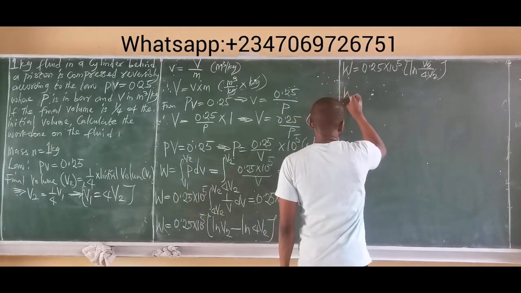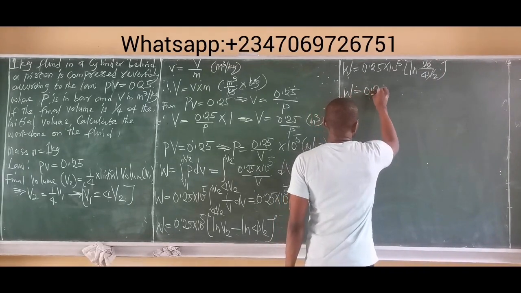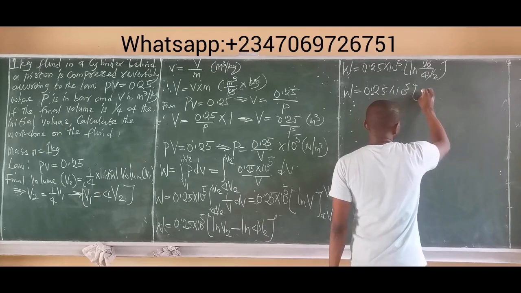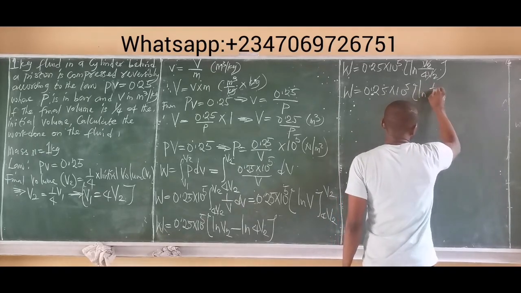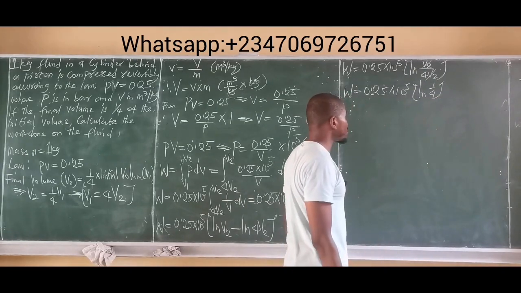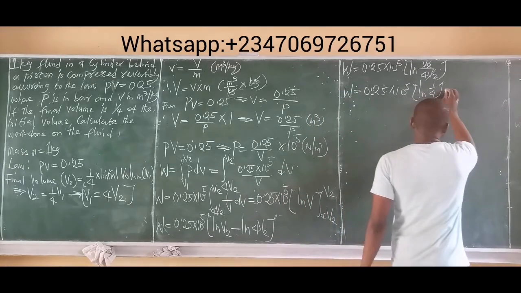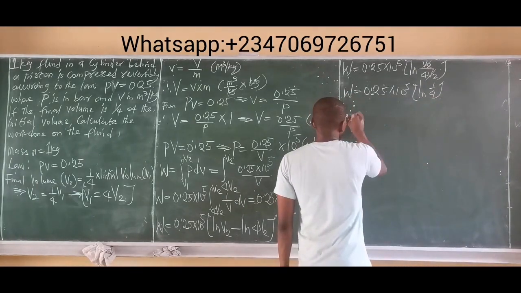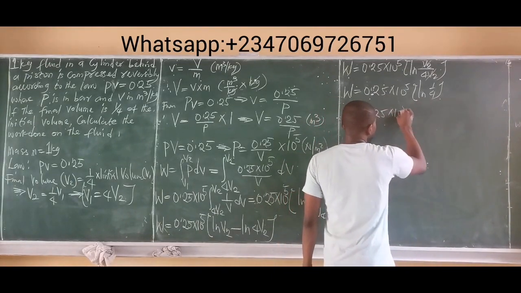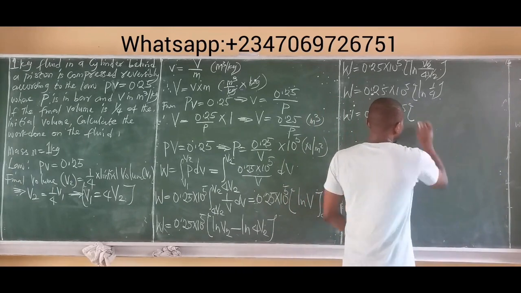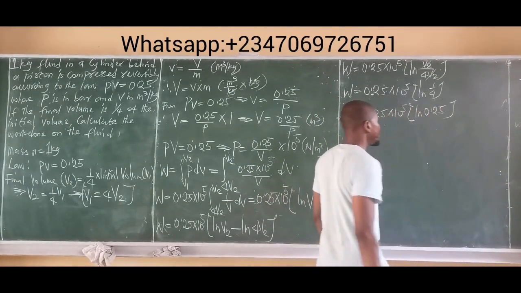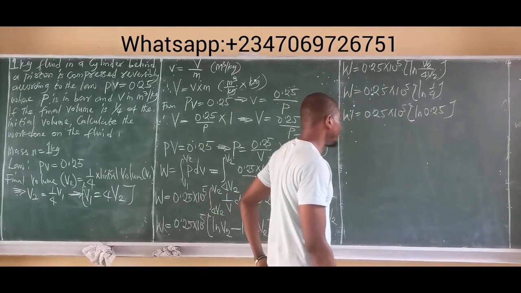So work done is equal to 0.25 by 10 to the power of 5 into ln of 1 over 4, and 1 over 4 simply means 0.25. So work done equals 0.25 by 10 to the power of 5 into ln 0.25.